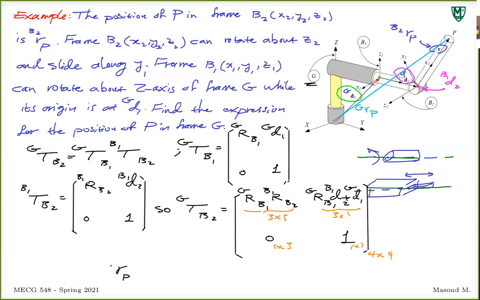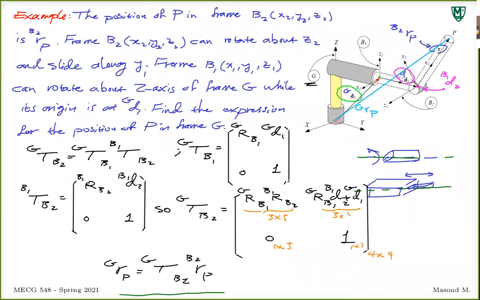So R P in G is equal to T B2 in the global coordinate frame times R P in B2. Once you know R P in B2, we're not given values here, and once you know the transformation matrix, you can find any point, including point P, from its coordinates in frame B2 to frame G, which is your fixed frame.